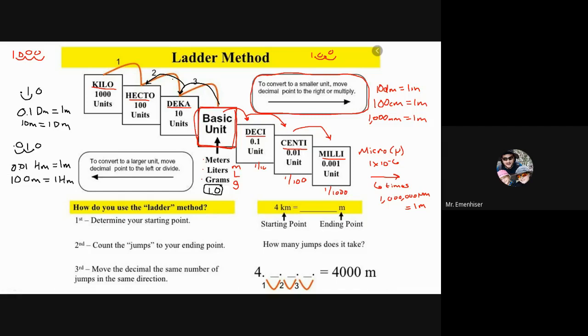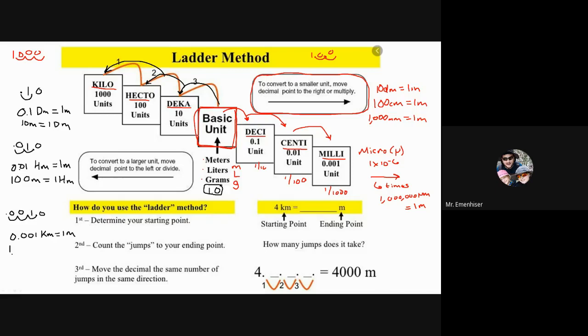Okay, now let's move it again. 1, 2, third jump. 1.0. We're going to move 1, 2, 3, and we're going to put zeros in front. Put the decimal there. 0.001 kilometers is 1 meter.